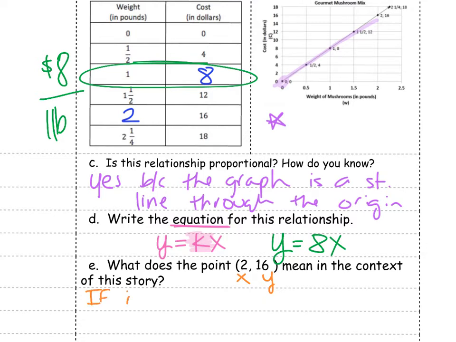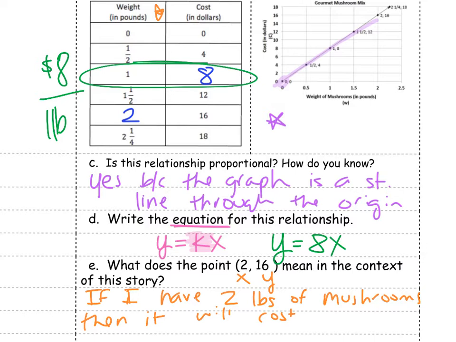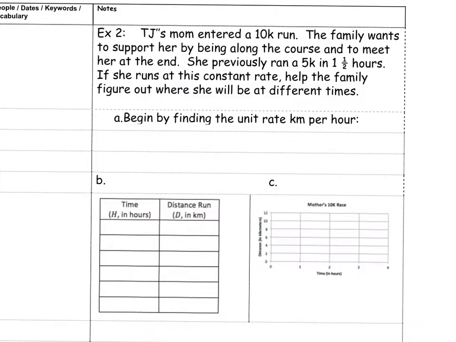If I have 2, my label on x's is pounds of mushrooms, then it will cost $16 because the y is dollars. So these problems are very similar to what we've done in our previous units.